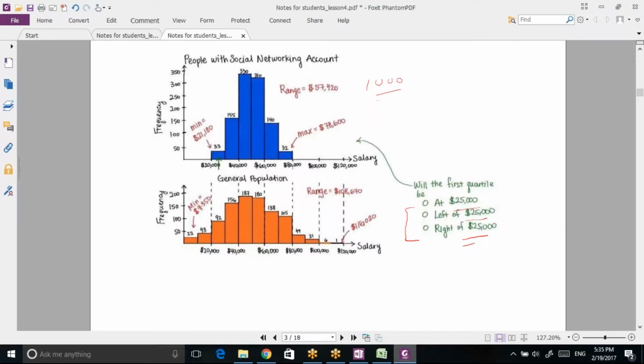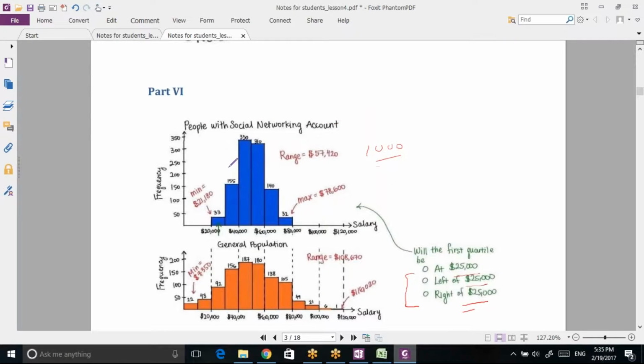For this histogram, of people with social networking accounts, the question is, where will Q1 lie, what is the value of Q1 basically? Here is your $25,000, this green line. So it's asking you, is Q1 left of this 25, or right of it, or exactly $25,000? Think and answer here.